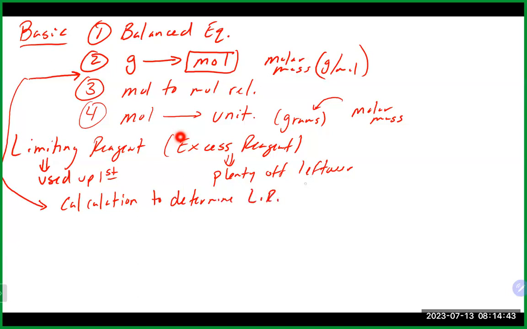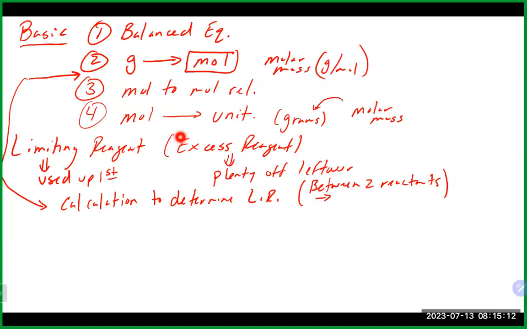That calculation is between the 2 reactants. Basically you're trying to determine, do you have enough of one reactant to completely use up the other reactant? So that's the basic calculation that you can do at that point. It is a mole-to-mole relationship between the 2 reactants. When you do that calculation, what you're figuring out is how much of that other reactant you need to use up the first reactant.